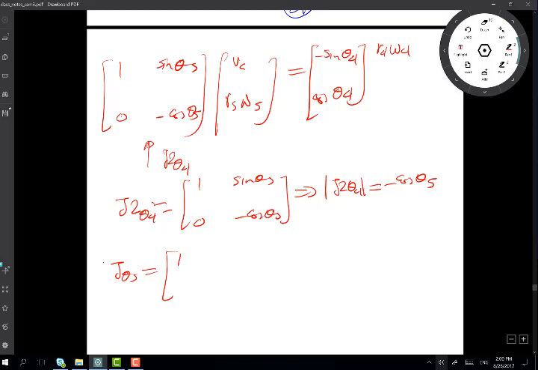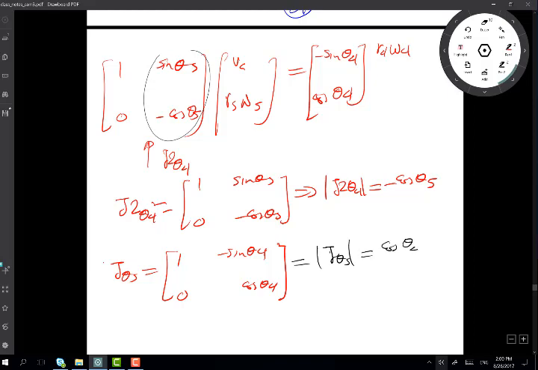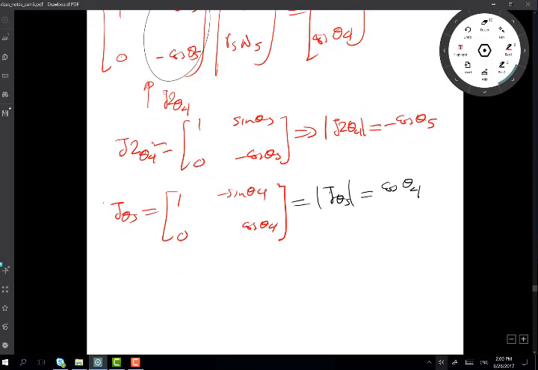So I have 1, minus sine theta 4, 0, and then cosine theta 4, plus here. So I just swapped this column by the column on the right hand side, and this determinant will give me cosine theta 4. All right, okay.